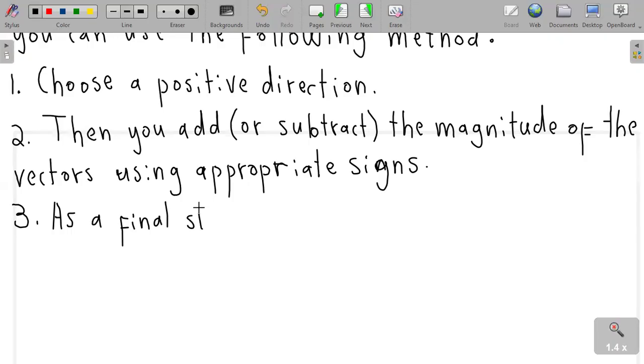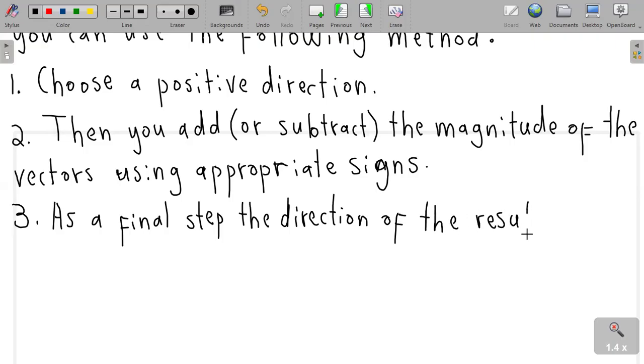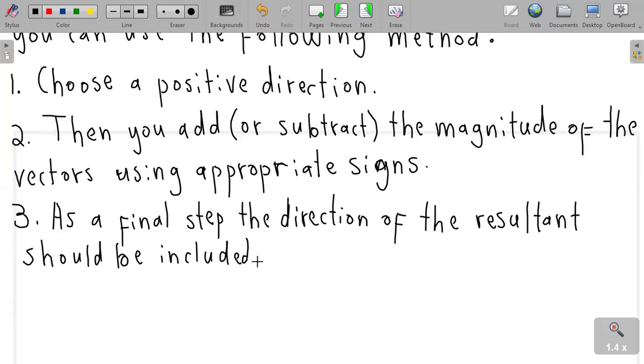As a final step, the direction of the resultant should be included in words, okay? In words.